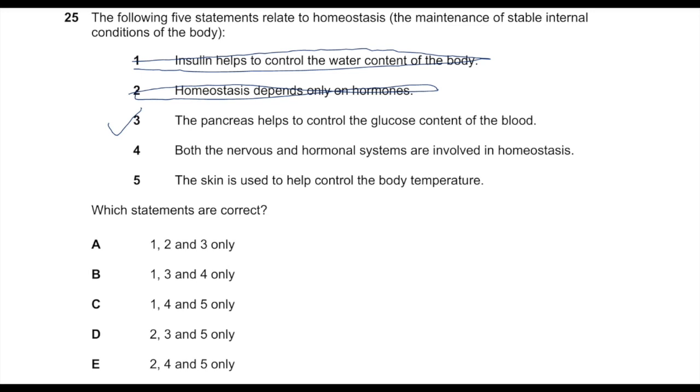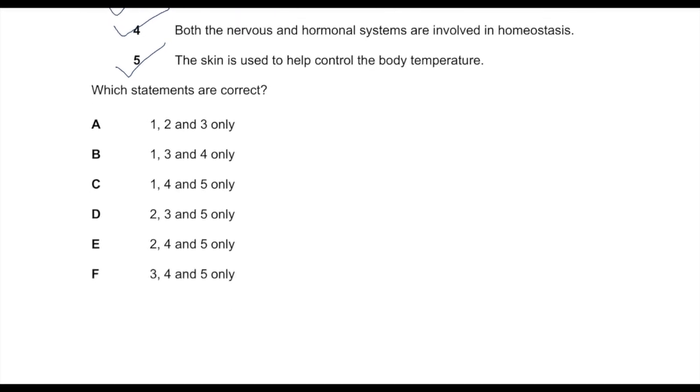I've mentioned that with statement 2, and that is correct. 5. The skin is used to help control body temperature. That is correct. A prime example being sweating. You sweat onto the skin. So 5 is correct. Therefore, the correct answer is F, and that is question number 25 completed.